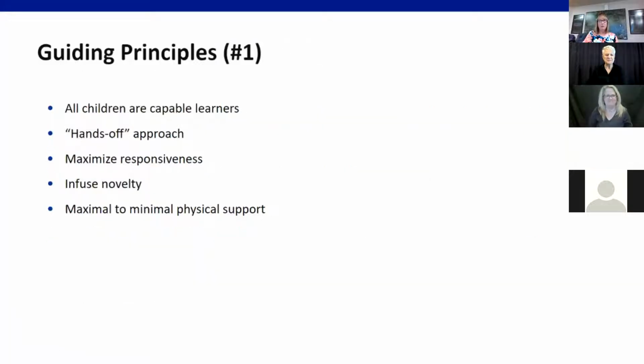Guiding principles is our next thought. These are ones that Lilli Nielsen came up with when she was talking about what active learning is all about. Her first and most ardent principle was that all children are capable learners.